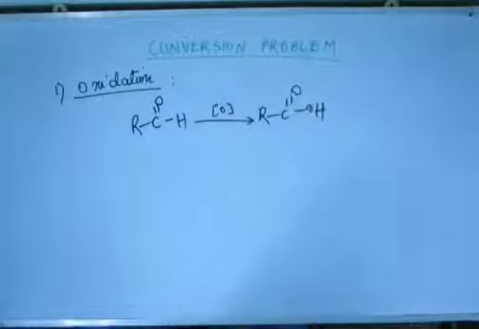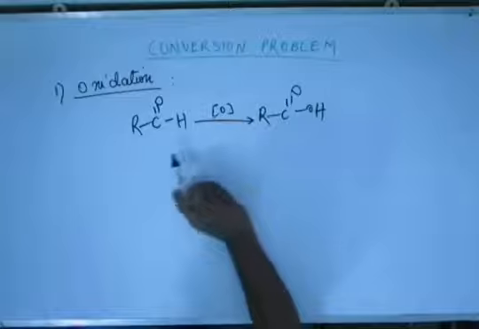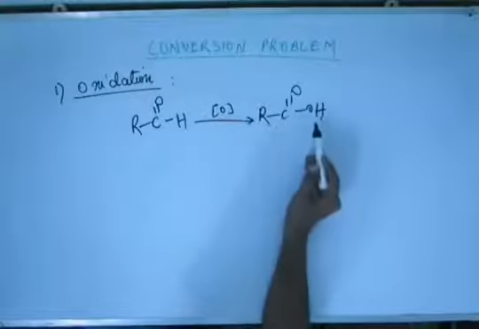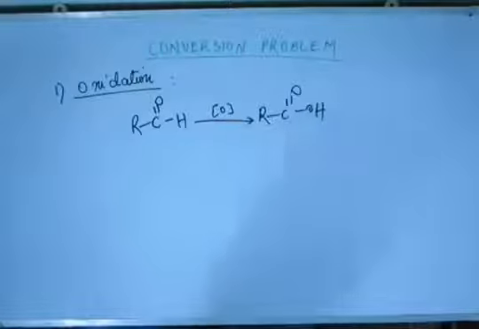When you have aldehyde and an oxidizing agent, nascent oxygen will be produced from that oxidizing agent, whatever you take, and this nascent oxygen will get inserted between carbon and hydrogen very easily, and that will result in formation of carboxylic acid.